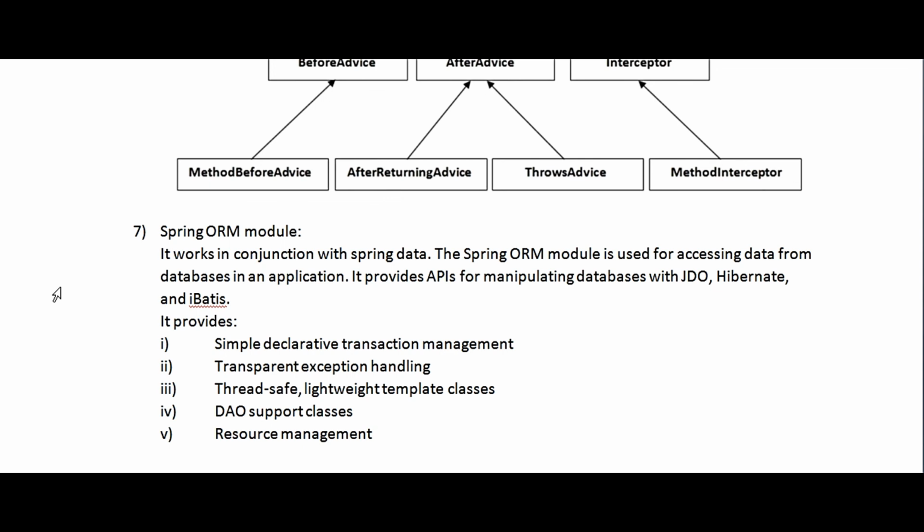So again, object relational mapping is a big issue with our legacy applications, and the Spring ORM module really makes our lives as application developers much easier with its solution for ORM management.